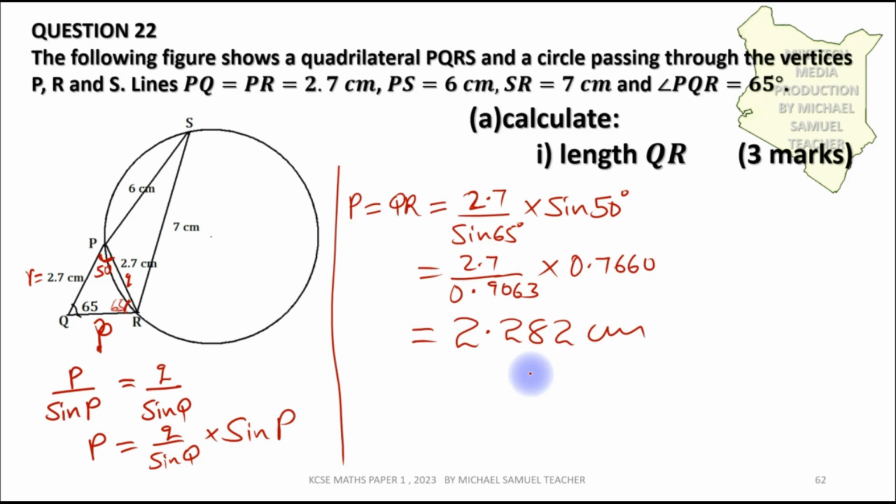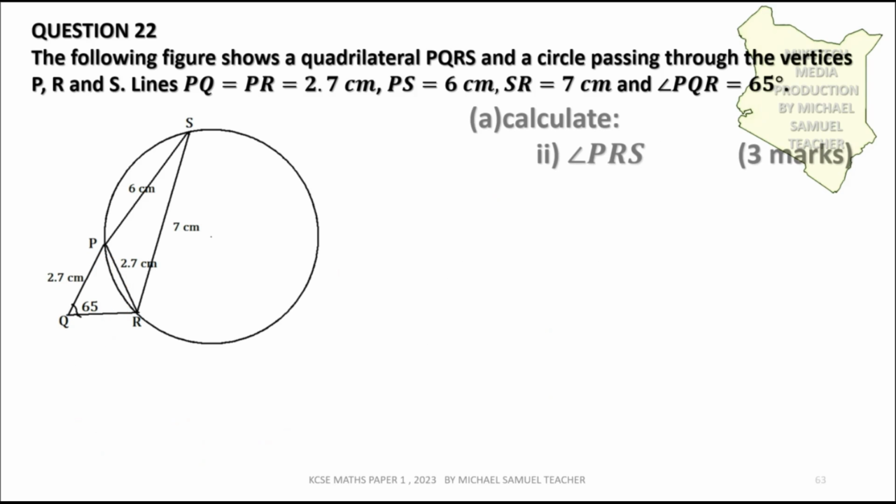Then we move on to part A, Roman 2. We get angle PRS, this angle. That's what we require. So we are going to use the cosine rule. Since this side is opposite vertex R, we call it small r, which is equal to 6 centimeters.